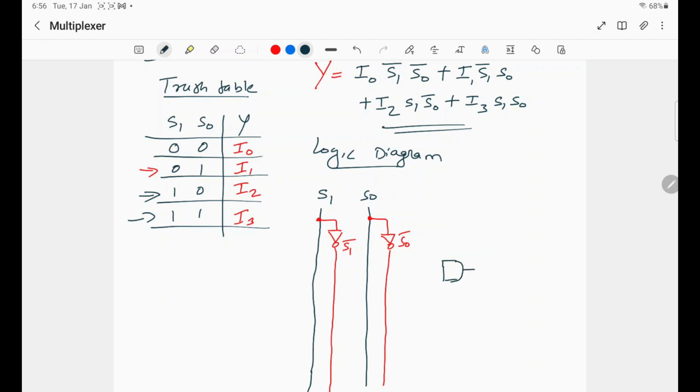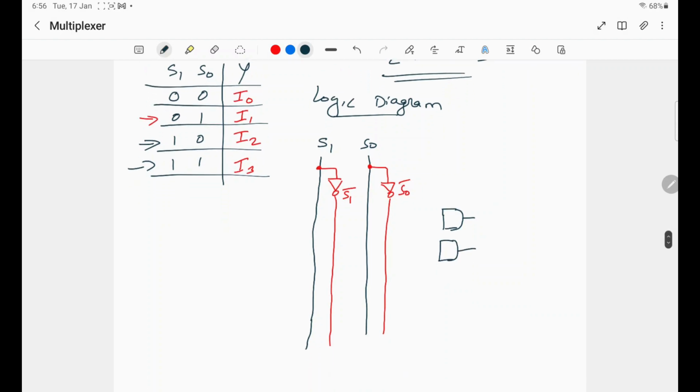This is the first one, second one, third one and the fourth one. So we have drawn the 4 AND gates and we need an OR gate to add all these terms.